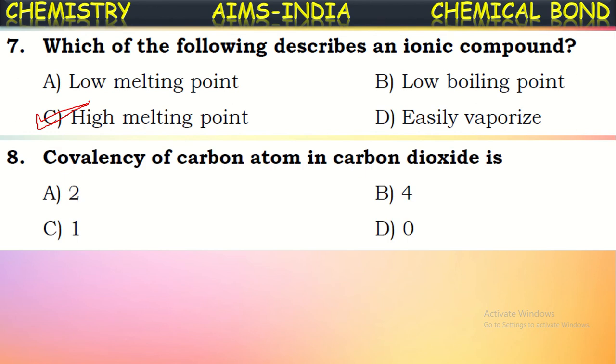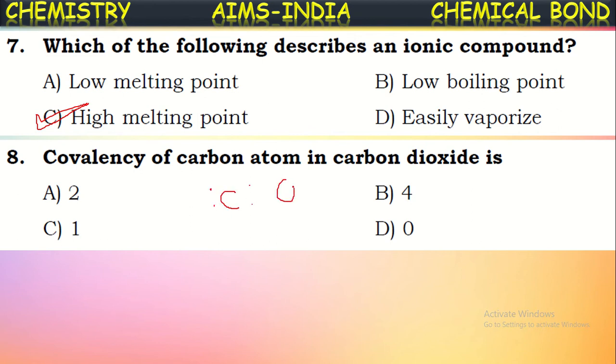Okay. Next, the covalency of the carbon atom in carbon dioxide. Covalency means the number of electron pairs shared by an atom in covalent bond formation. We know carbon shares 4 pairs of electrons with 2 oxygen atoms, because carbon has 4 valence electrons.